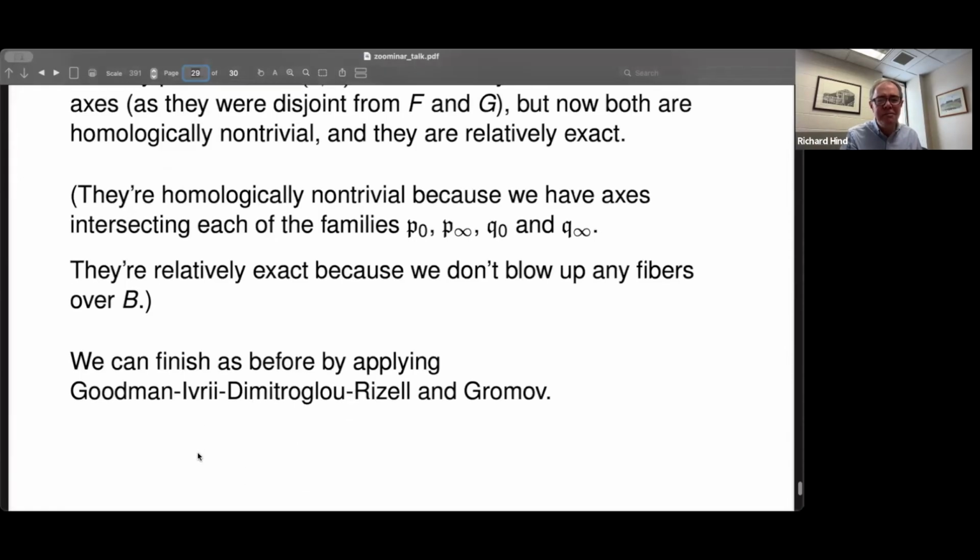Maybe we need to use Goodman, Ivrii, Dimitroglou Rizell here. Maybe the product Lagrangian isn't the zero section now, but they have a classification result for Lagrangian tori. Using them, I can assume the product Lagrangian is the zero section. And then by Gromov, you have to have an intersection. And that's a contradiction.